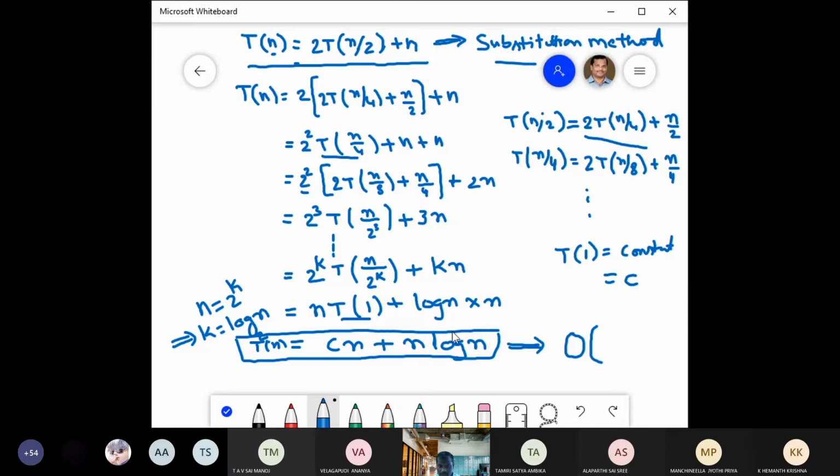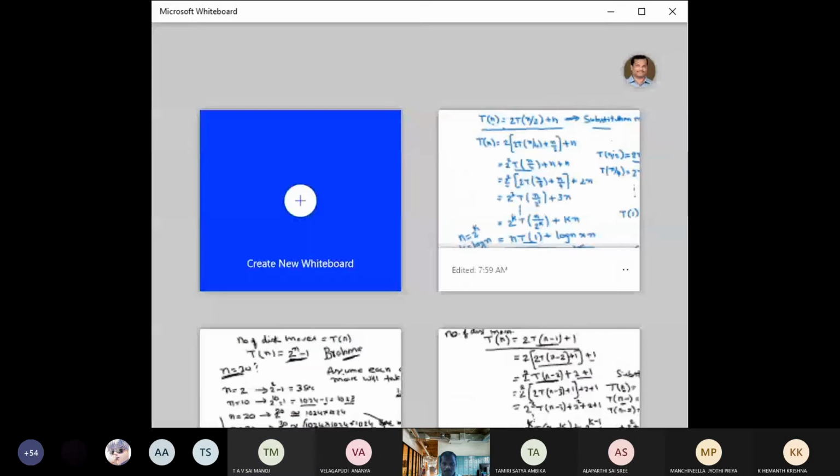Which is the bigger term? n log n, because we ignore the smaller terms. So it is order of n log n. This is how the substitution method works. Understood?